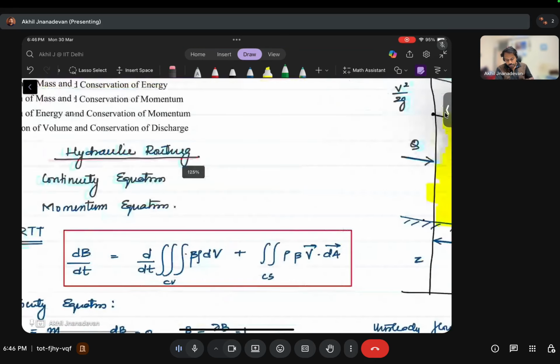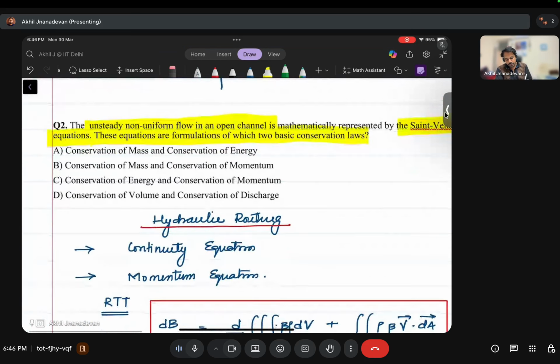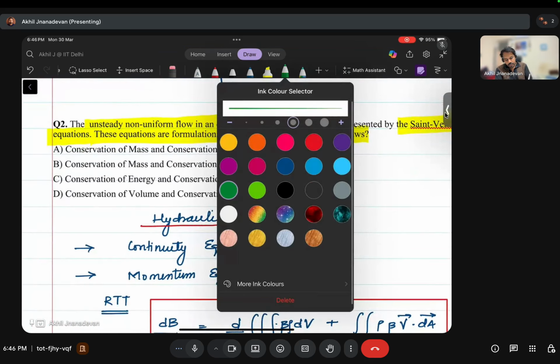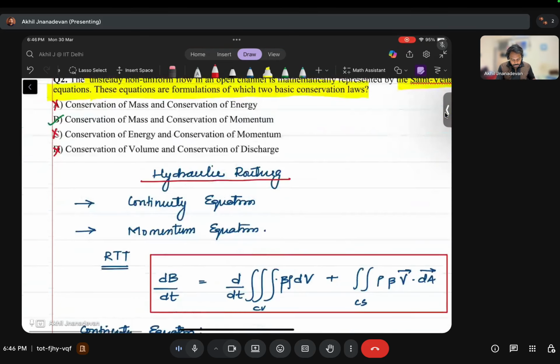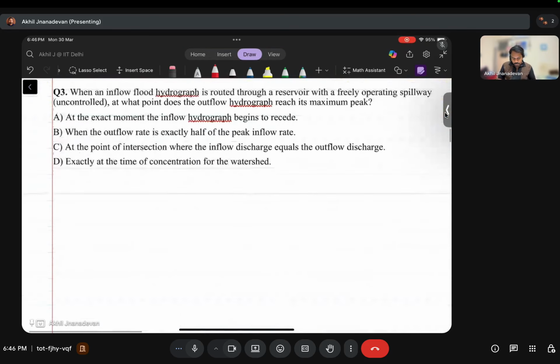So coming back to the question, the Saint-Venant equation comprises two conservation laws, that is the law of conservation of mass and conservation of momentum. So option B is the correct answer. The others are all wrong.